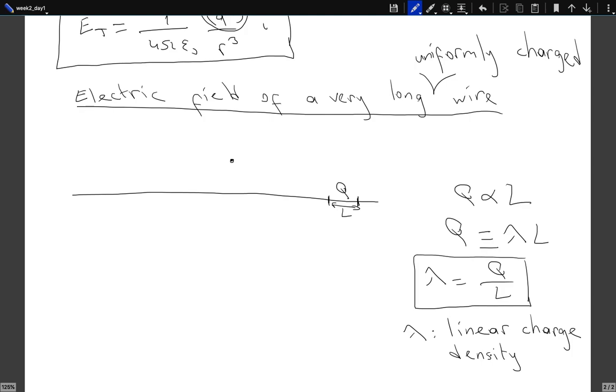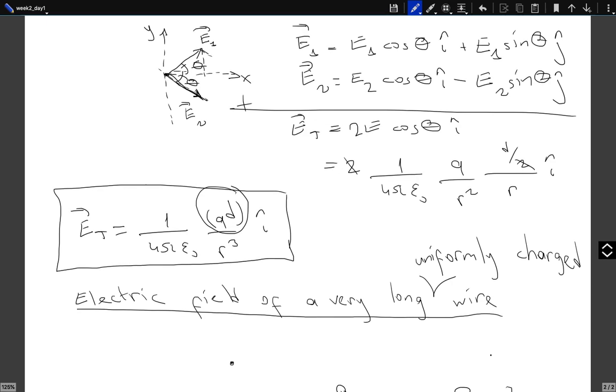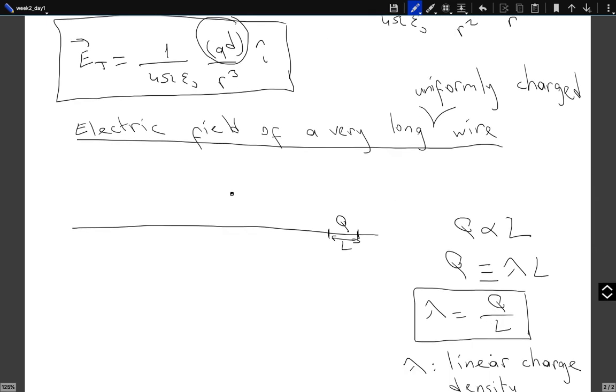Okay, now back to our problem. We have this infinite wire. It is definitely not a point charge, and Coulomb's law holds for point charges. We had already seen one example. Although we derived this from Coulomb's law, we cannot just write it down from Coulomb's law, because this system is not a point charge. We have two charges. Similarly here, we cannot just write down the result using Coulomb's law because the system is not a point charge.